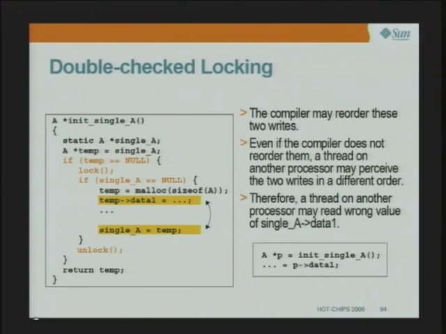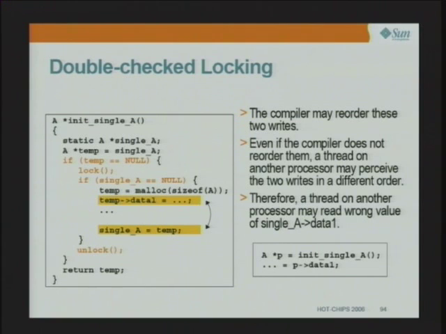What happens is, you look at these two statements within this critical region. The compiler may reorder these two operations. You don't know. Even if the compiler does not reorder them, the hardware may reorder them. So if these two statements are reordered, what happens?